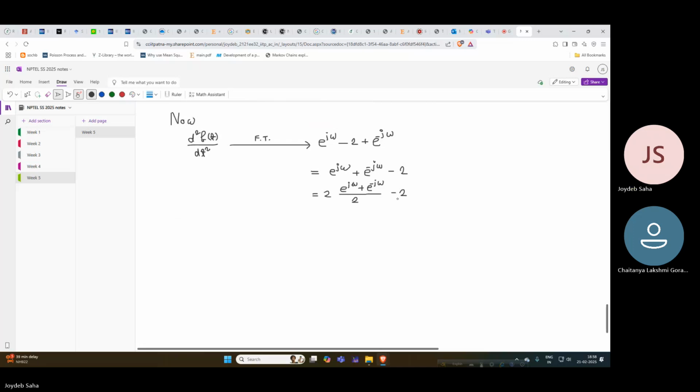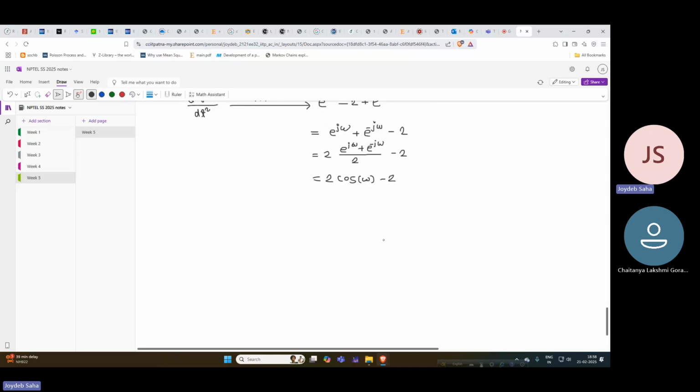Fine. And this is equal to 2 cos omega minus 2. Fine. Okay, let us take some space here.